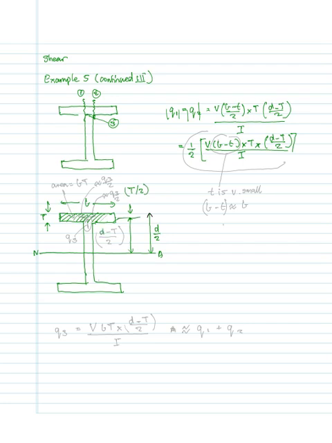The distance from the centroid must be D over 2 minus T over 2, which is that value there.